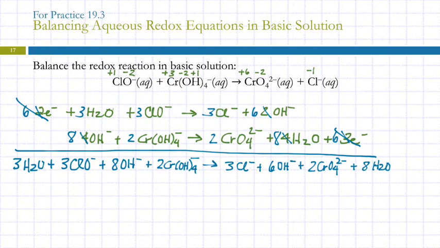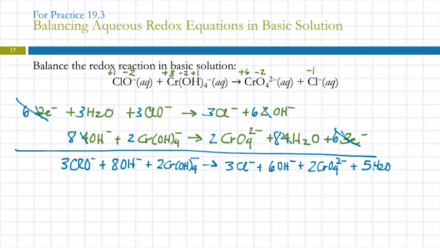We can simplify some of the things that are the same on both sides. I've got 3 water molecules over here, and I've got 8 over there. So if I just subtract 3 from both sides, that'll make things a little cleaner. So I'm going to take the 3 from there, and I'm going to take 3 out of there, so that'll make that 5.